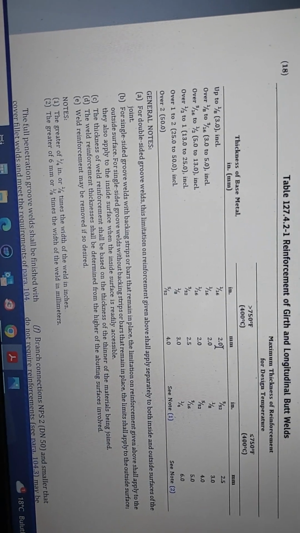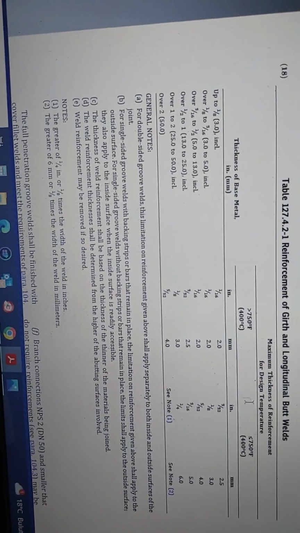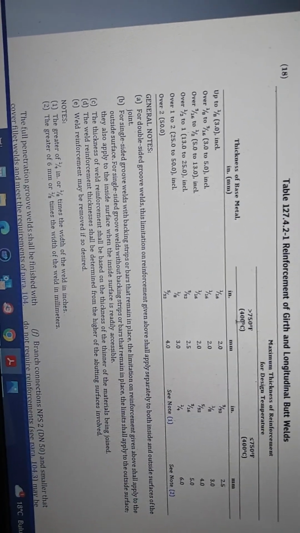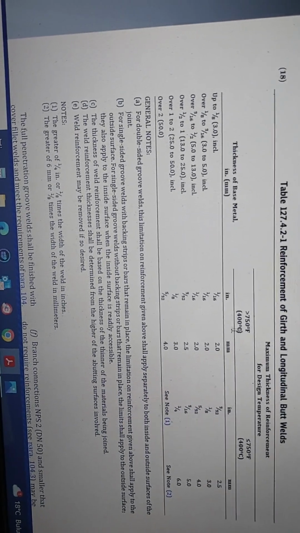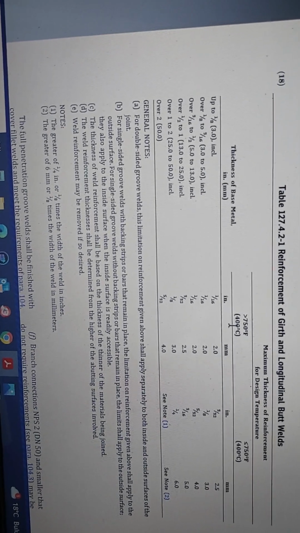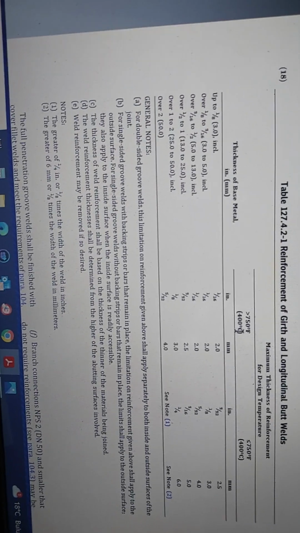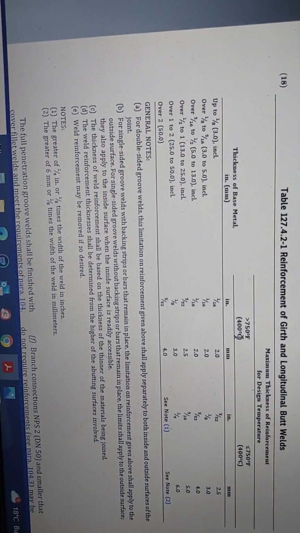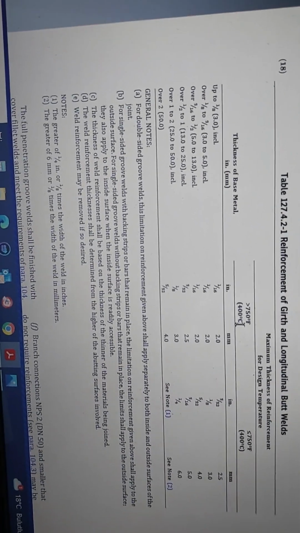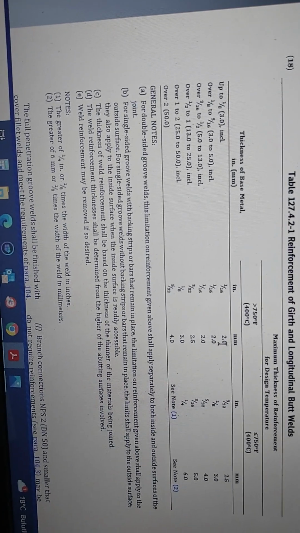The reinforcement is the maximum thickness of reinforcement for the design temperature. For pipes over 400 temperatures, we see it like this.